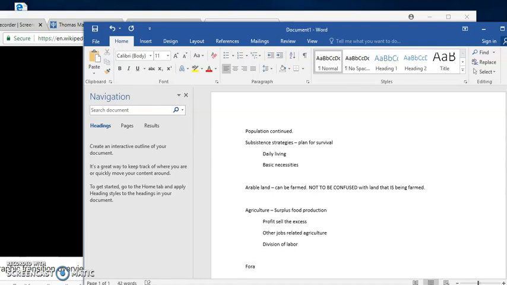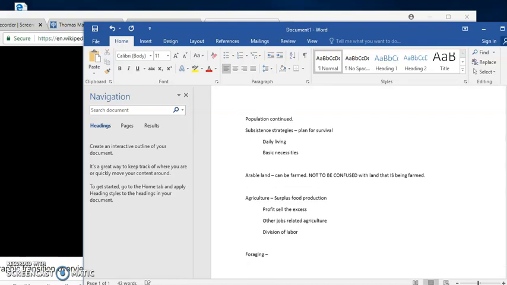So foraging is one of those subsistence strategies. I'm going to put a dash right there because we're going to talk about foraging in just a second. Horticulture is another dash, and pastoralism, another dash.